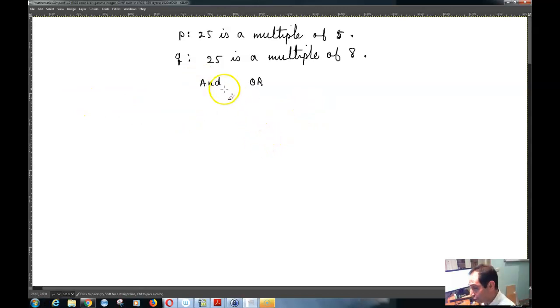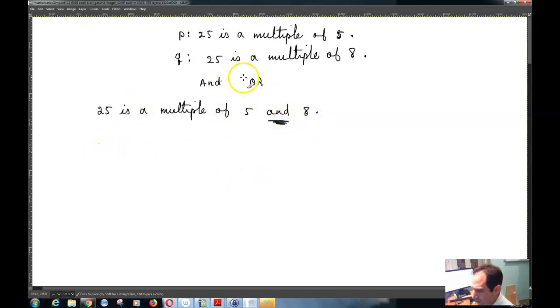If you use and, you get 25 is a multiple of 5 and 8. If you use or, you get 25 is a multiple of 5 or 8.